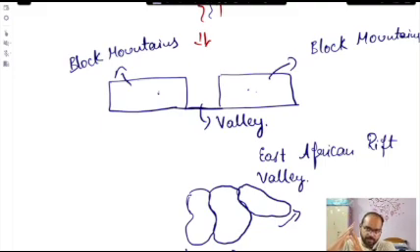Subsequently, this valley got filled with rainwater, and we call it a Rift Valley. So the best example would be the East African Rift Valley, and another example would be the Rhine Valley. Rhine Valley is in Germany, near the Black Forest, I think.